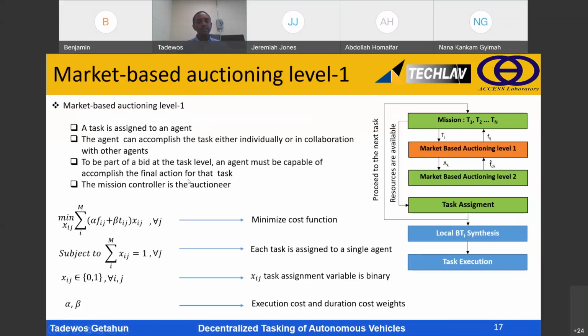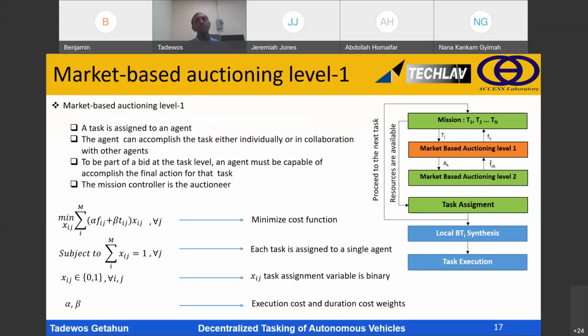And to be part of the bid at the task level, an agent must be capable of completing the final action of the task. This is from a logic point of view. If a task is assigned and the task has, say, 10 actions, the last action is the one that meets the goal of the task. Even if the other actions are important, the last one is the one that accomplishes the goal.